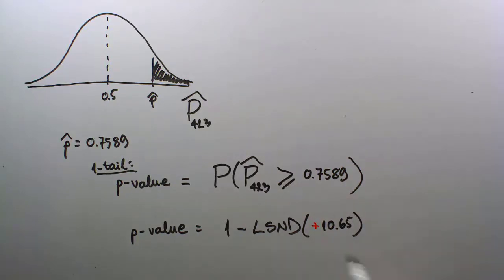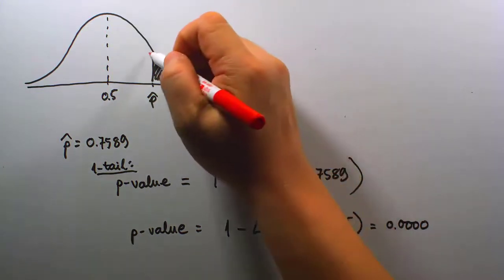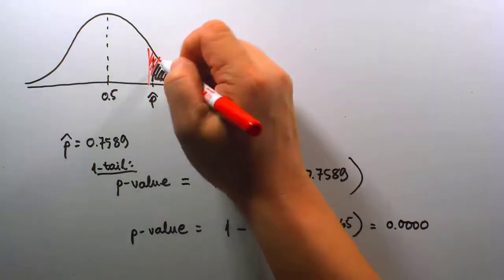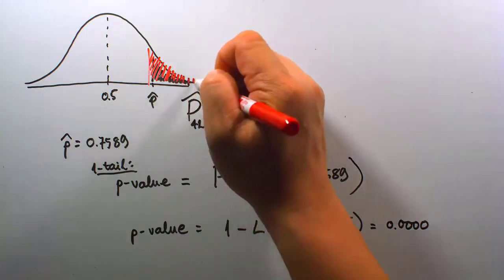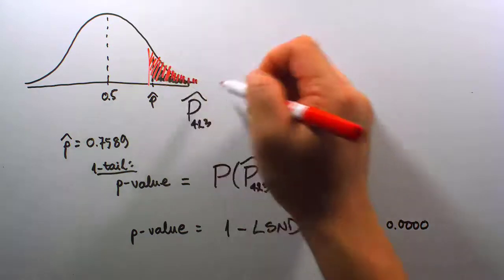And so our answer was 0.0000. But again, I have to remind you, this answer is only a one-tail p-value. The red area to compare with this p-value here would be the red area only to the right-hand side, outside of the common area.